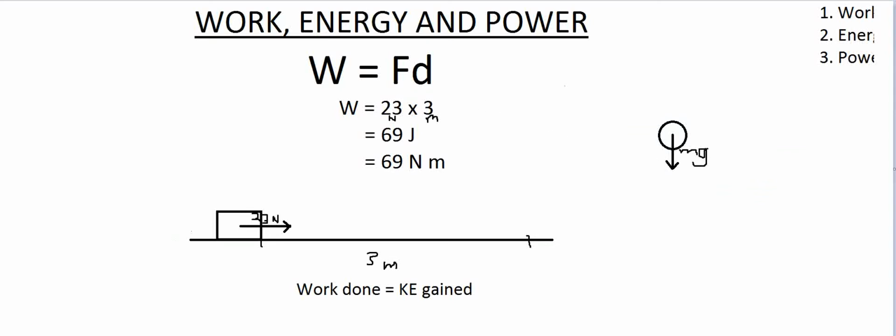So here, work done equals GPE lost by this object, which is equal to the KE gained by this object. Okay, work done equals the gravitational potential energy lost, which equals the KE gained. Okay, work done by this object.